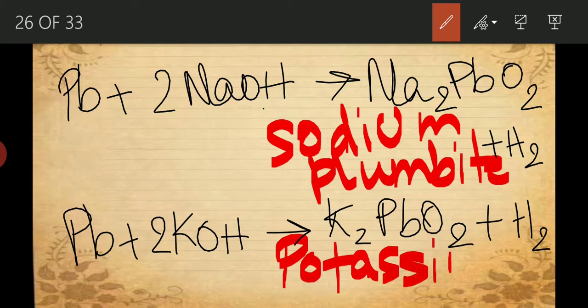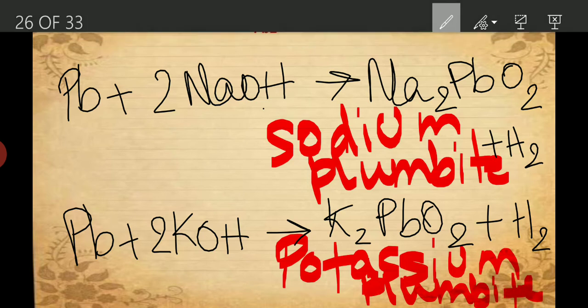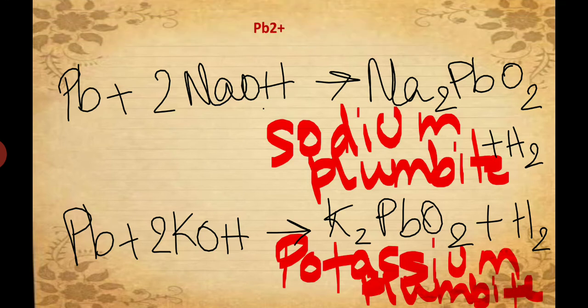So basically here we have seen that when lead reacts with sodium hydroxide or potassium hydroxide, both hot and concentrated, it forms the corresponding salt and again liberates hydrogen. In case of sodium hydroxide, it forms sodium plumbite, and in case of potassium hydroxide, it forms potassium plumbite.